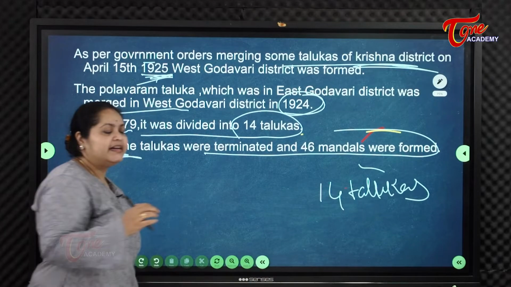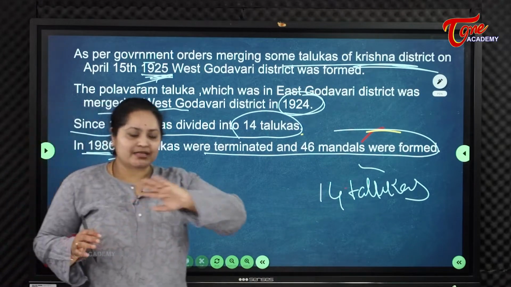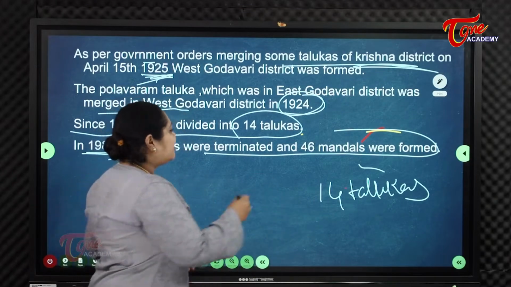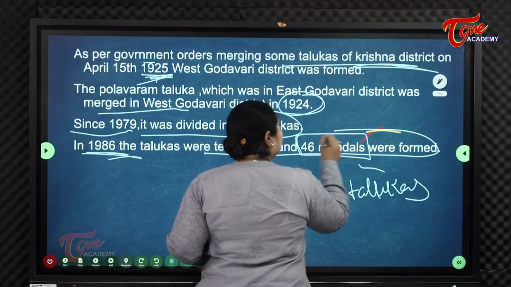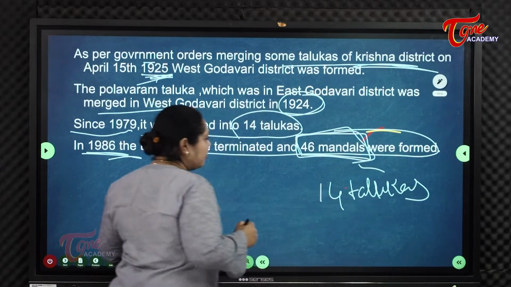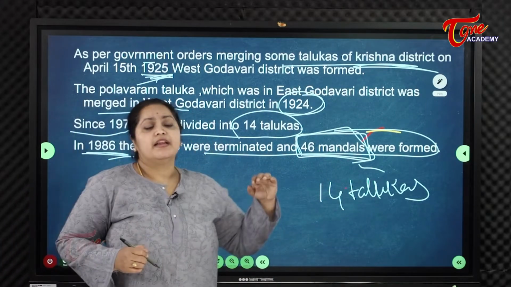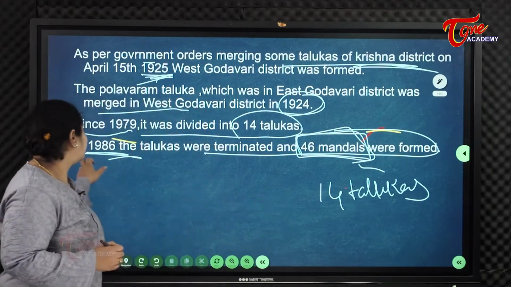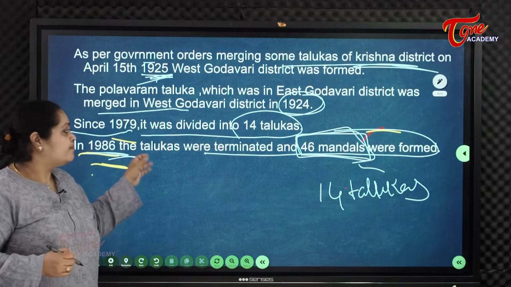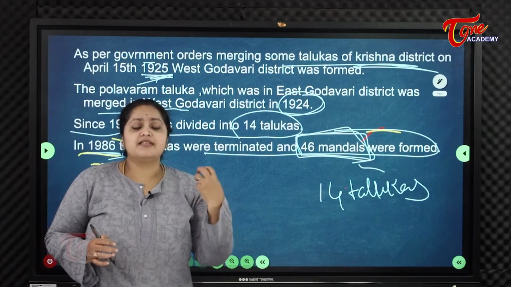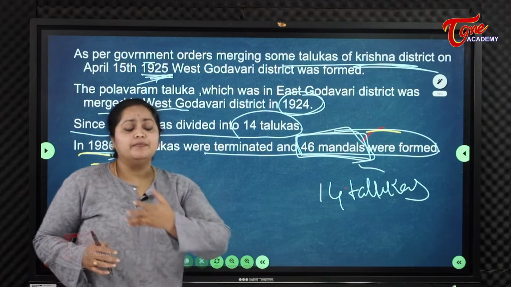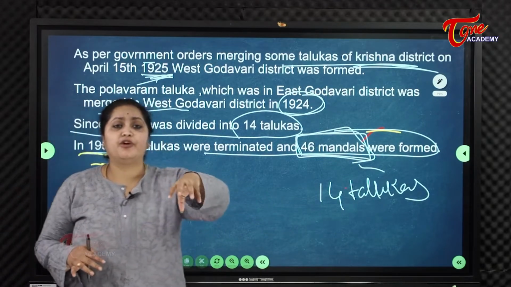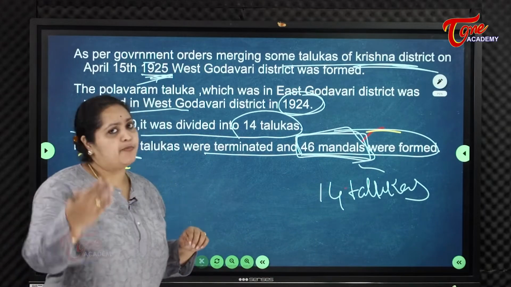What they did in 1986 is that all these 14 talukas were abolished, and 46 mandals were formed in their place.